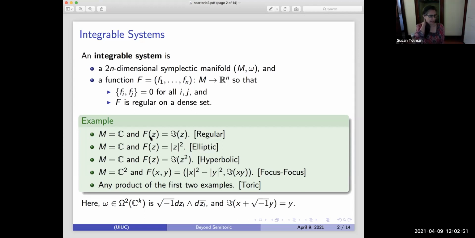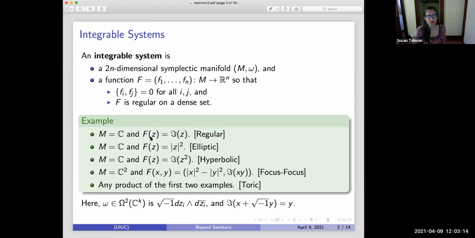For the focus-focus, the first action is rotation, with weight 1 on the first copy of C and weight -1 on the second copy of C. So these are all important examples of integrable systems.